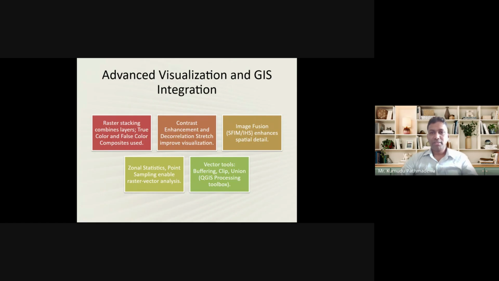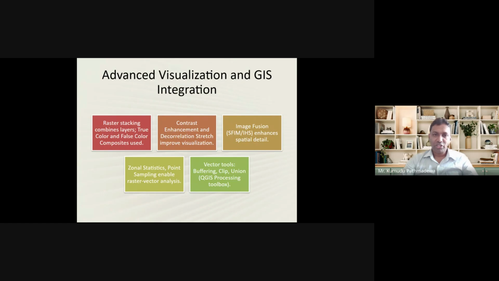Image fusion methods are also there. Those things we use in advanced visualization by using GIS software, and we also have remote sensing software. Those software can be used to enhance images.